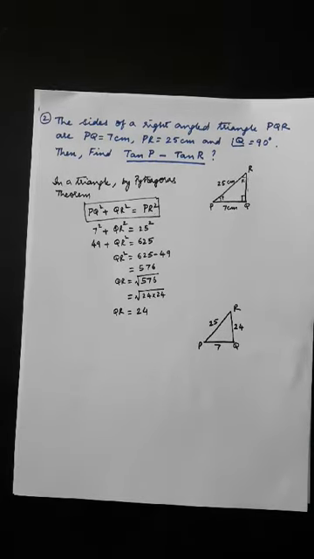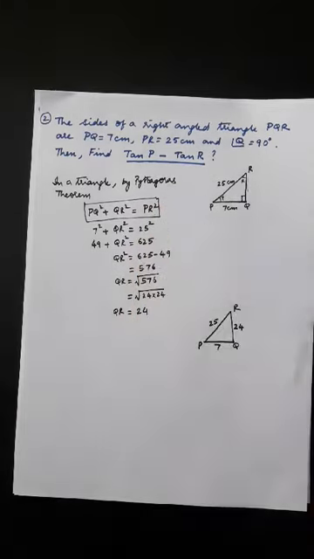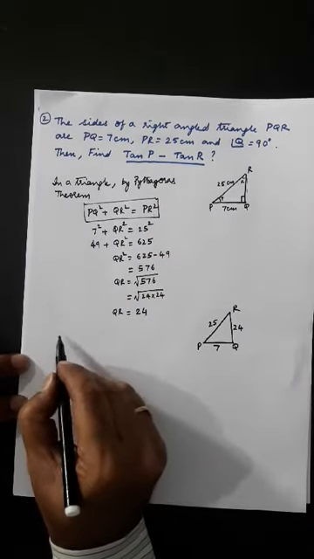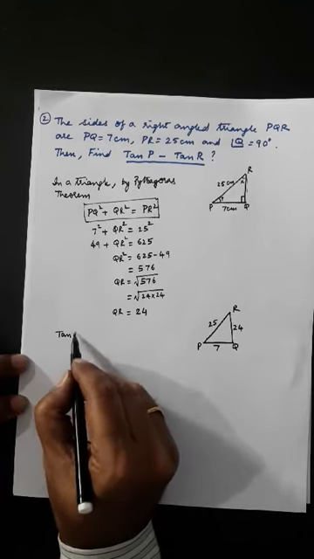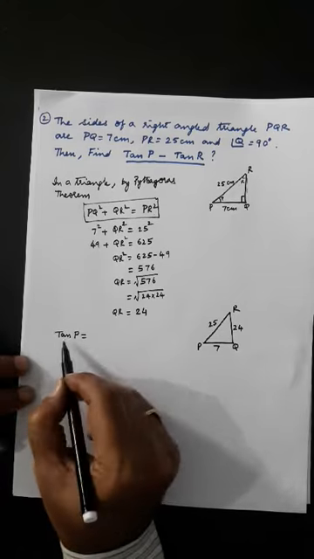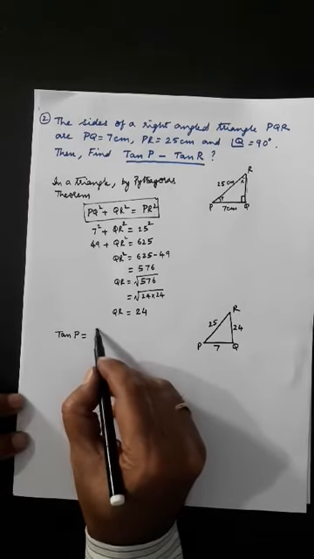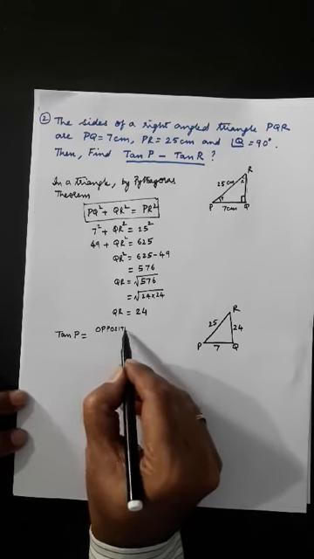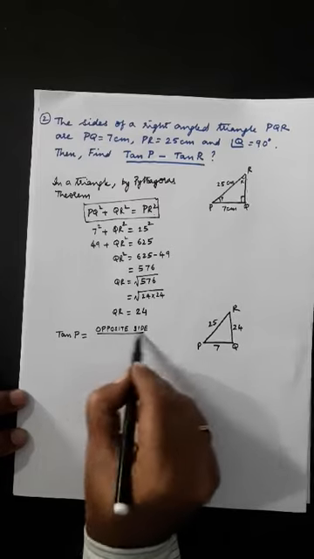Now what we need to find out? Tan P minus tan R. So find out tan P. What is tan P? Tan is opposite side divided by adjacent side.